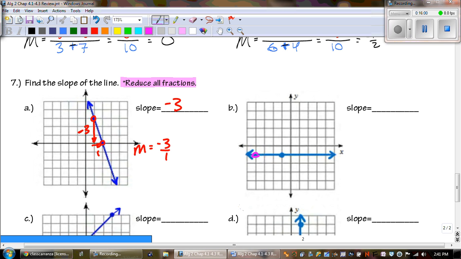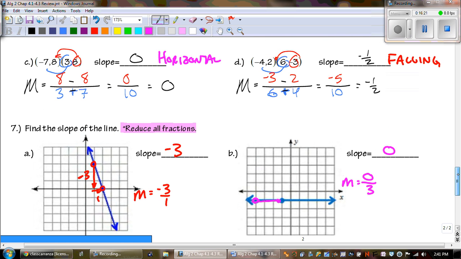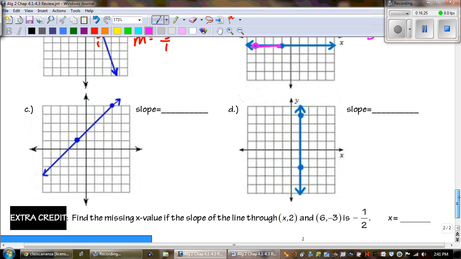B. So do I go up or down at all? No, so my top number is 0, and then I go 1, 2, 3 to the right. I have to reduce this. 0 divided by 3 is 0. And that's what we just talked about for C. If it's 0, it's a horizontal line.